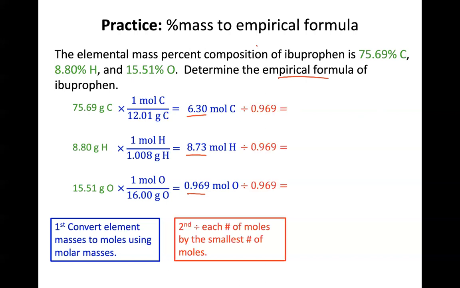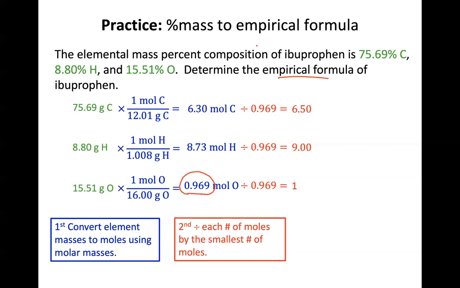And that would be the moles of oxygen, because the moles of oxygen is basically the smallest, right? So if we divide everything by the moles of oxygen, we end up getting the following ratios, all right? So we have 6.50 moles of carbon per 9 moles of hydrogen per 1 mole of oxygen.